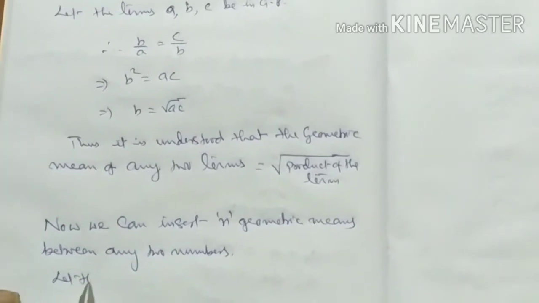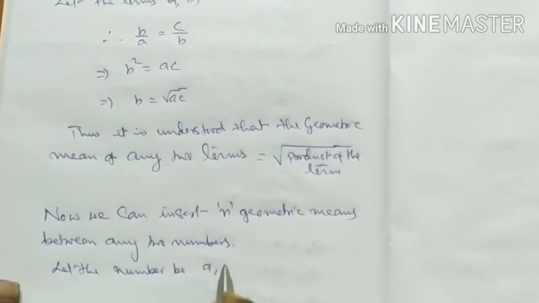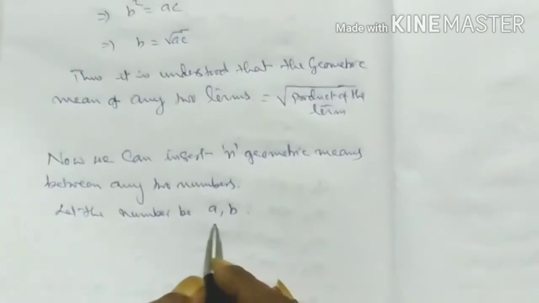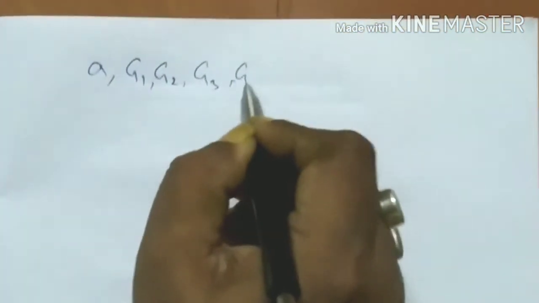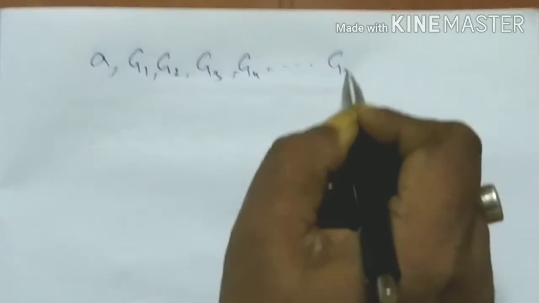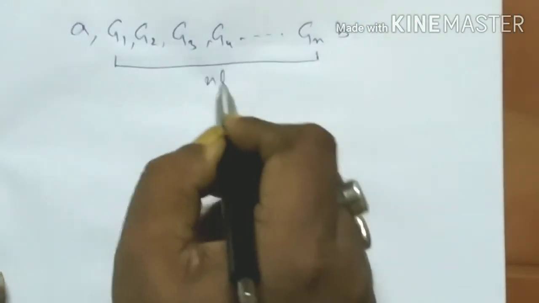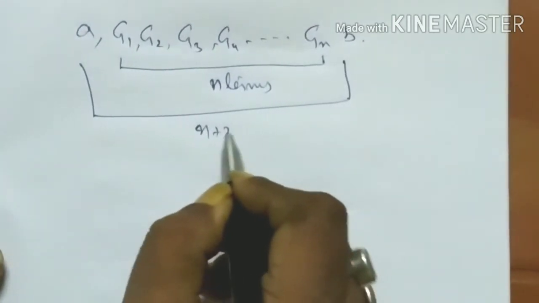Let the numbers be A, B. Now I am going to insert n geometric means between A and B. So I can write it like this: A, G1, G2, G3, G4, up to Gn, and B. Now here there are n terms, and when we add these two, A and B, it becomes n plus 2 terms.